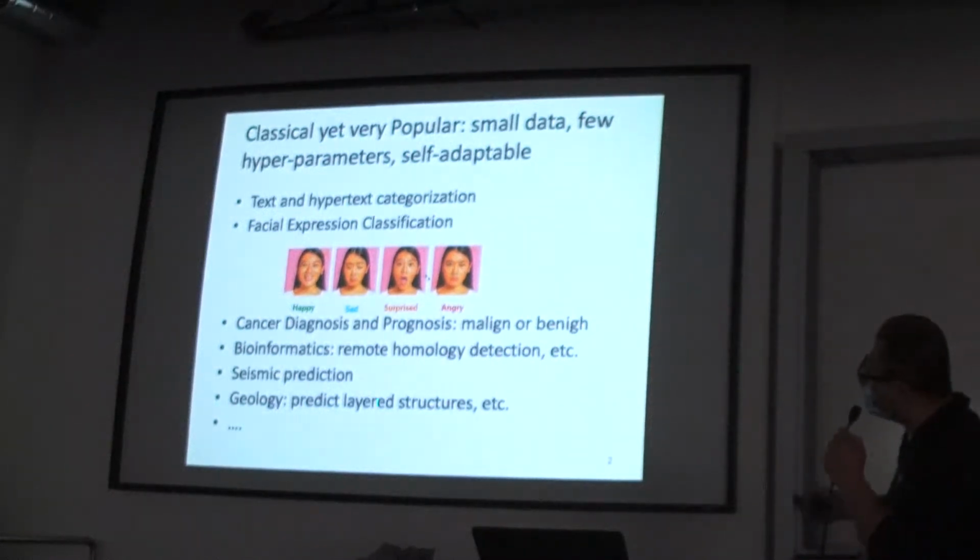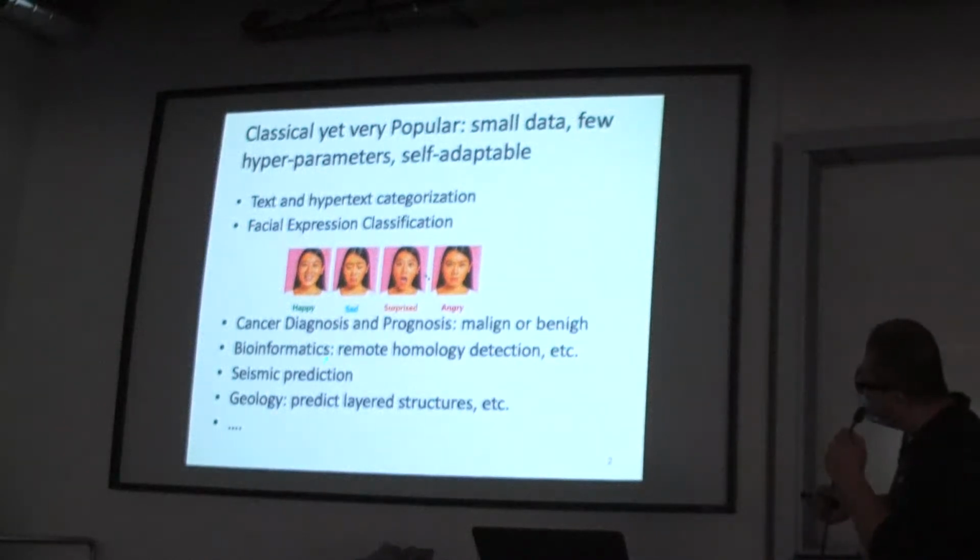Cancer diagnosis and prognosis is a typical scenario where you can't have too many examples. Typically, you only have 20 or 30 examples, like 10 of them are control group. How do you predict if this tumor is malignant or benign? It's very, very important.